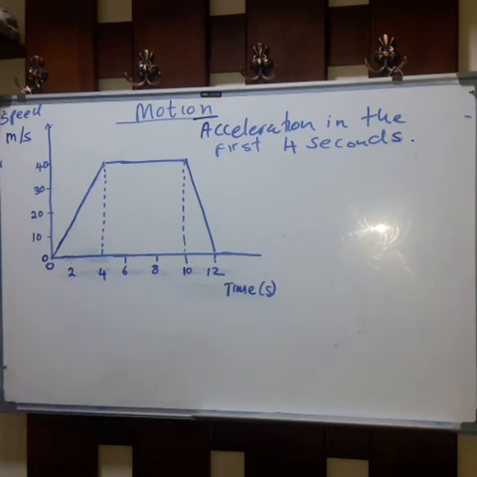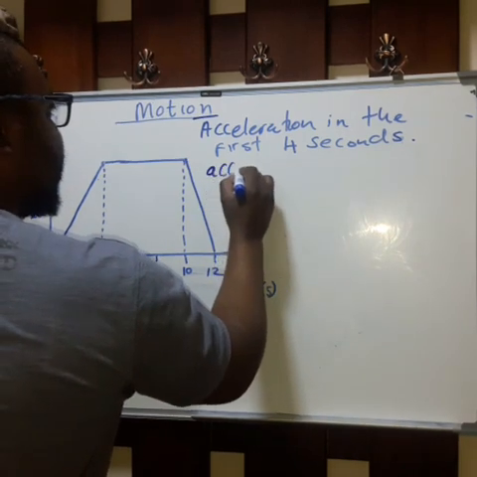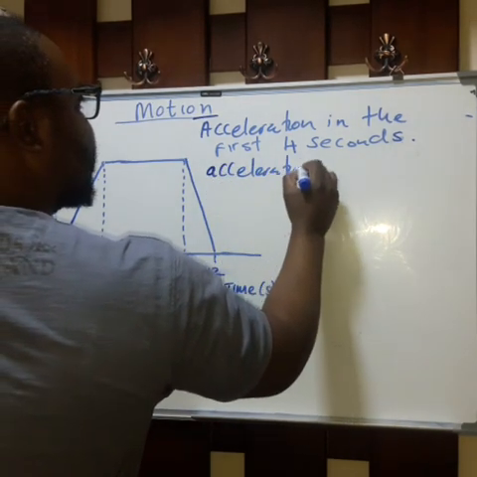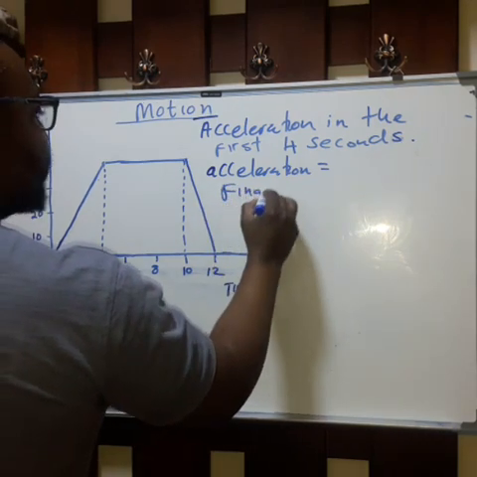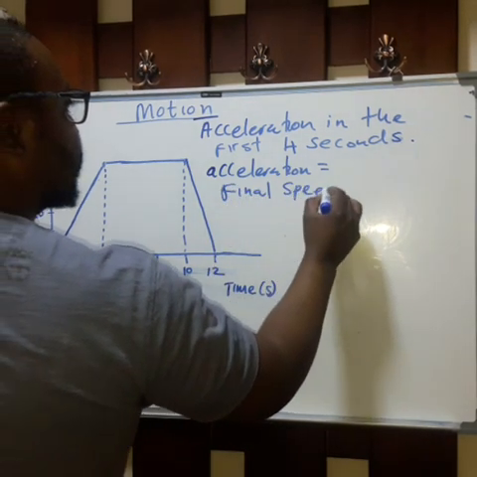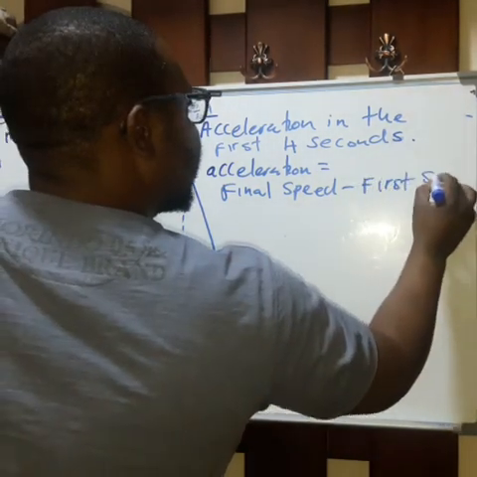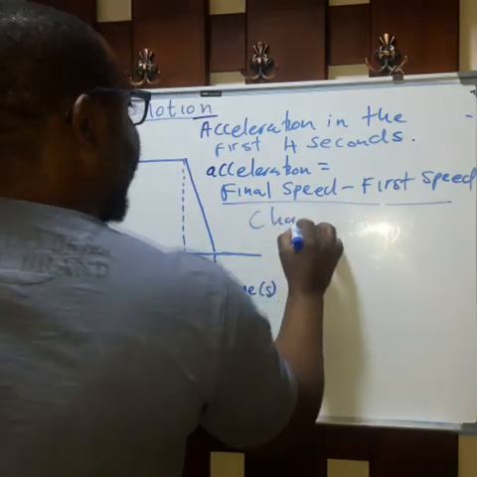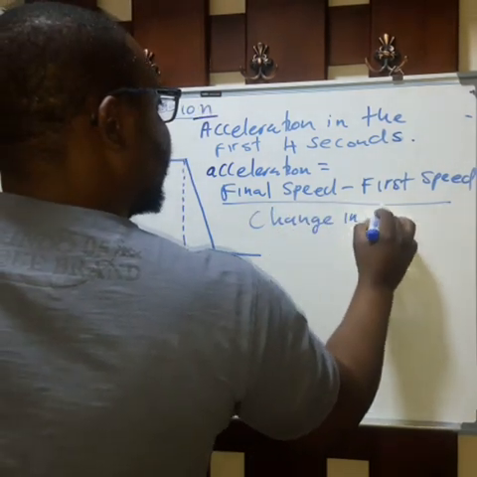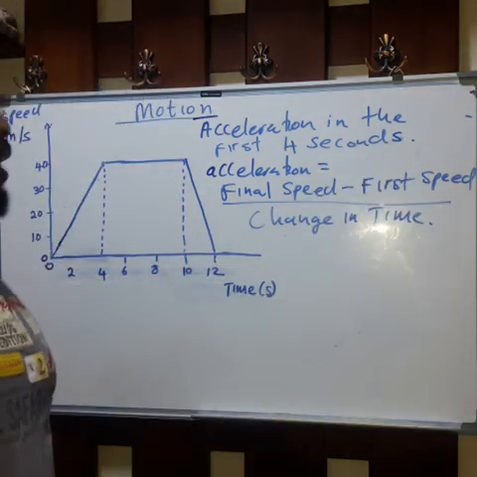So, now let us do the calculation. Our formula is acceleration is equal to final speed minus first speed over a change in time. So, this is our formula to calculate acceleration.